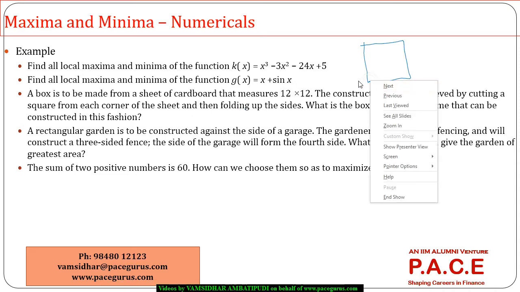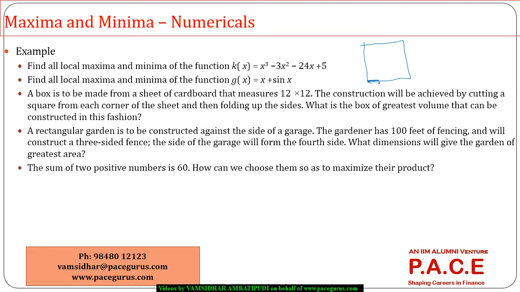Okay, so I'm cutting a small square from each of the corners of this sheet, and folding up the sides. What is the box of the greatest volume that can be constructed in this fashion?